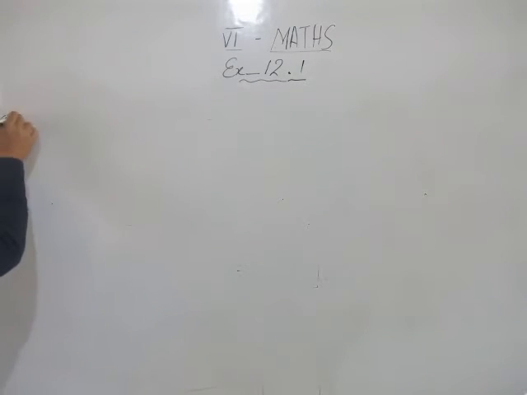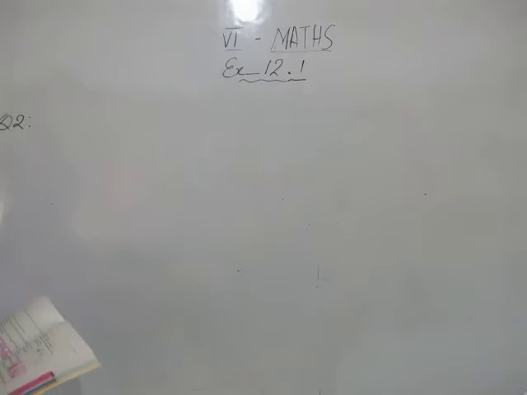Yeah, question number 2, my dear student. Question number 2 is saying that out of 30 students in a class, 6 like football, 12 like cricket and the remaining like tennis. Find the ratio.